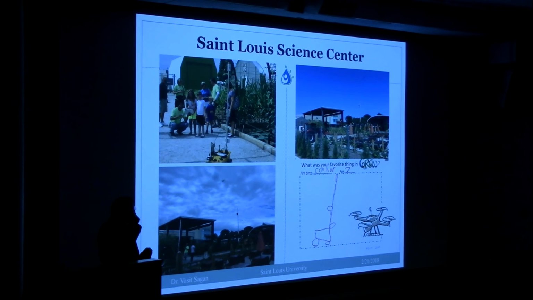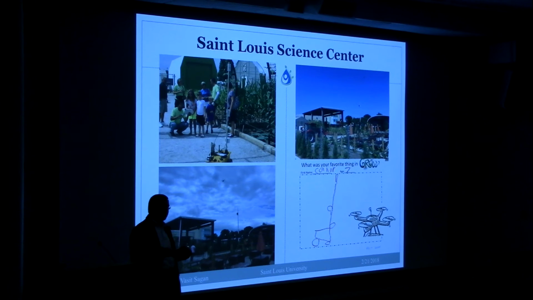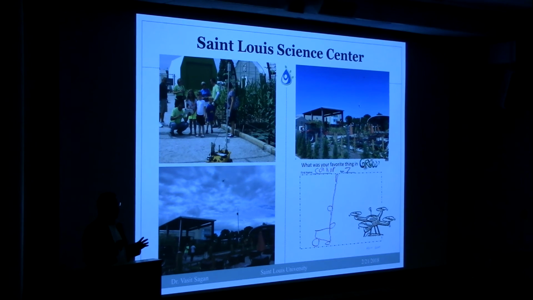So in the Science Center, we set up a grow exhibit, and it's actually one of my PhD students' work. This is a very clever robot. It can measure temperature at different levels. It can measure soil moisture and soil temperature as well, and you can draw a line or pre-program it.